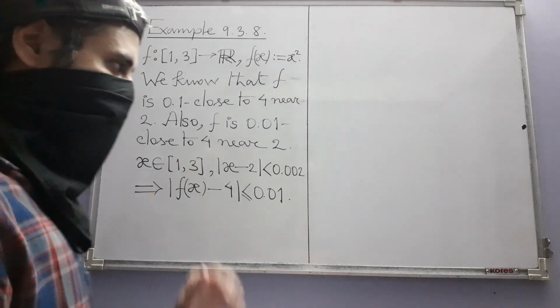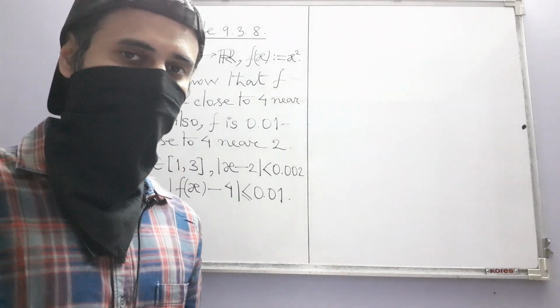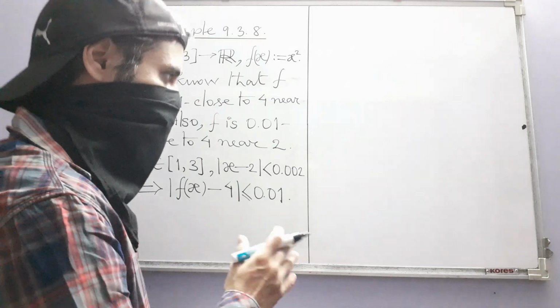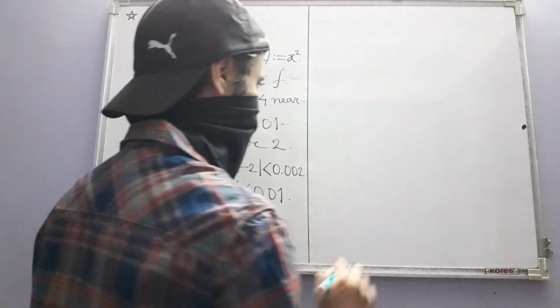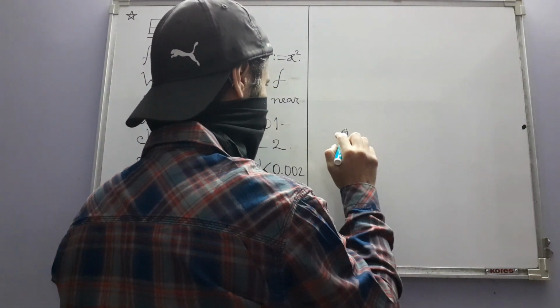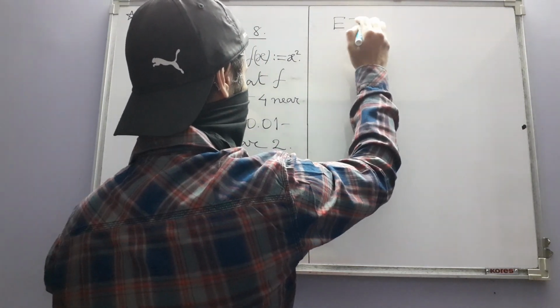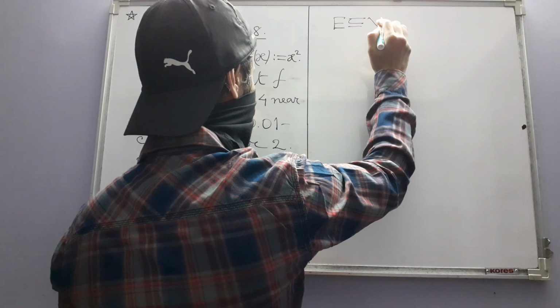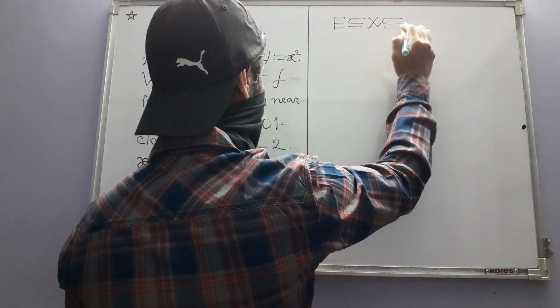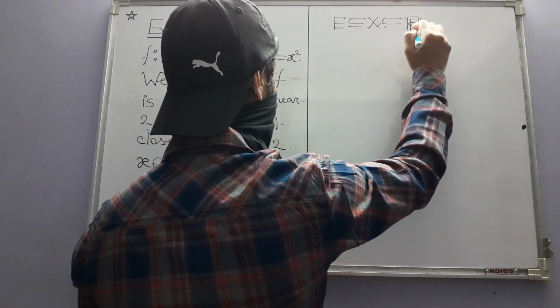Alright, so let us now go back to the definition of limit. Let's recall what we saw in the previous video. So that means we again have sets like this.